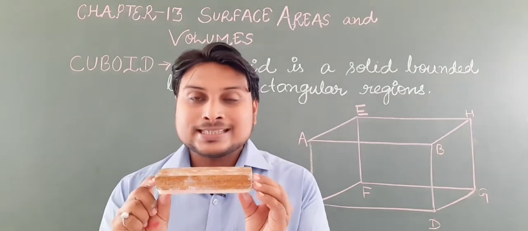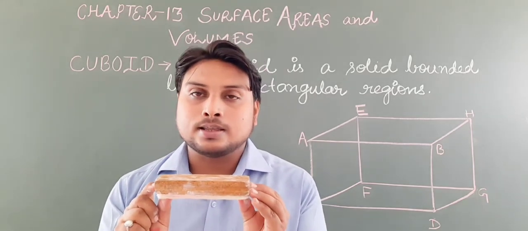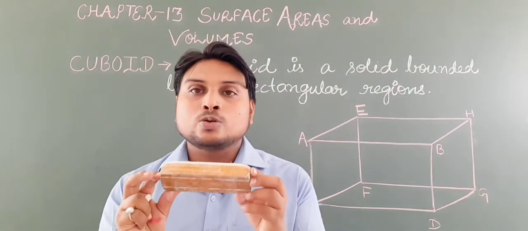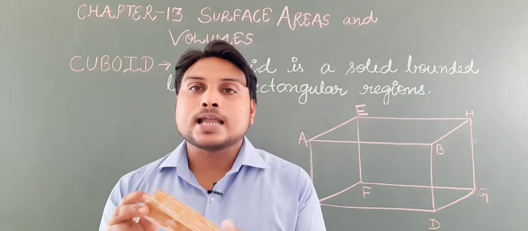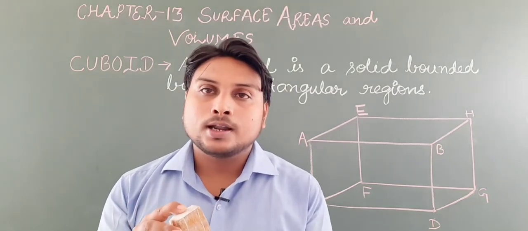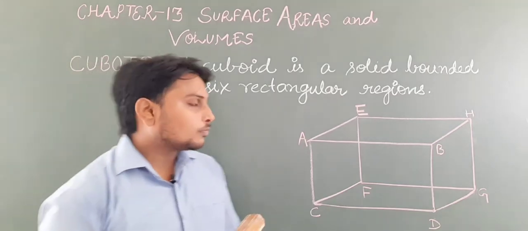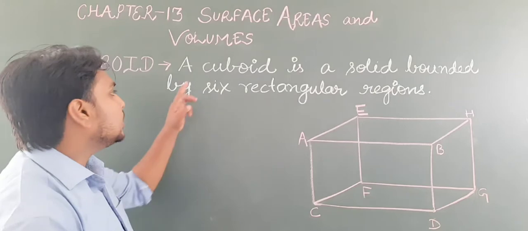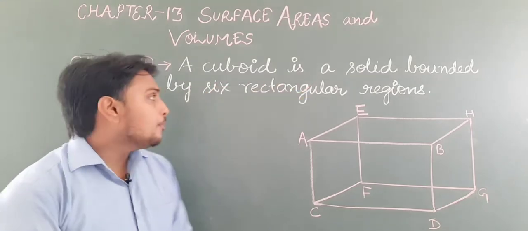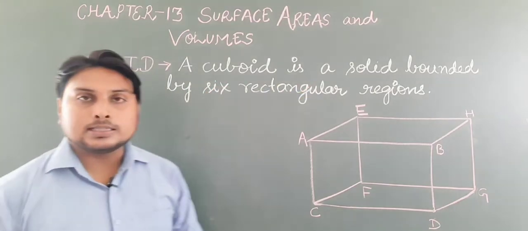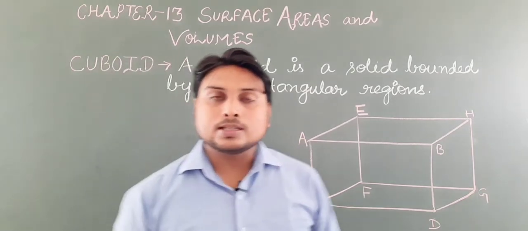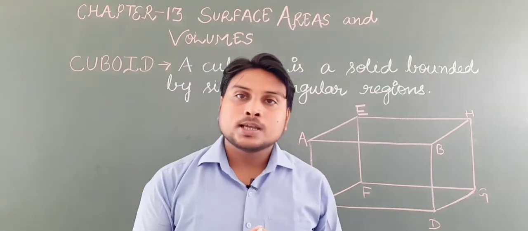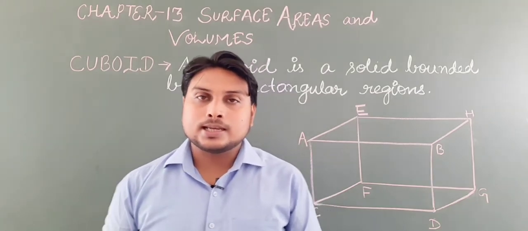So total 6 rectangular surfaces are there. In the definition we can say that a cuboid is a solid bounded by 6 rectangular regions, and as examples we can give this duster, your box, so many things.